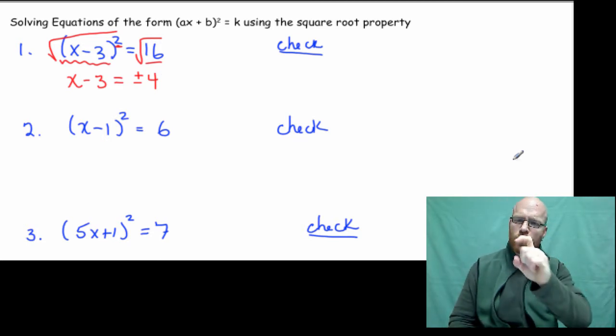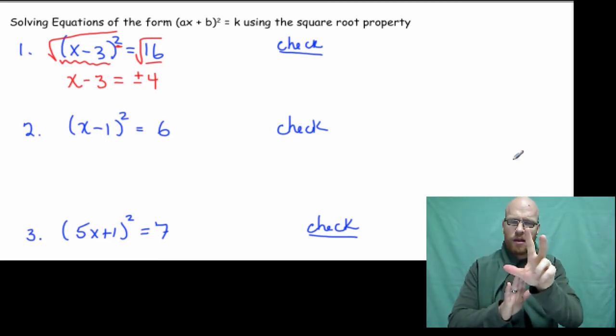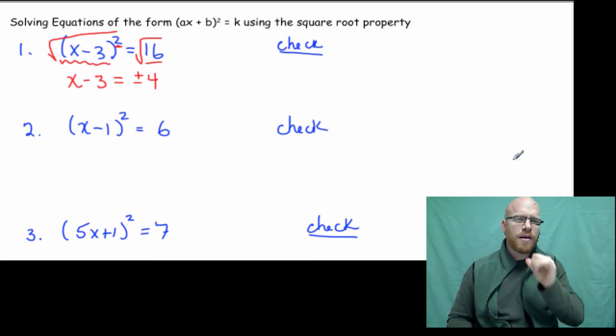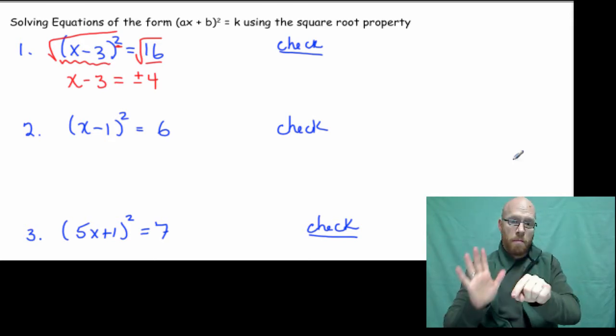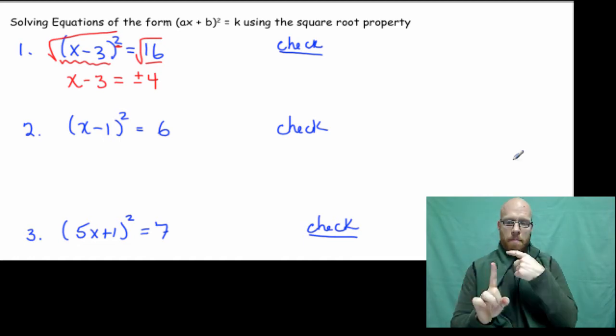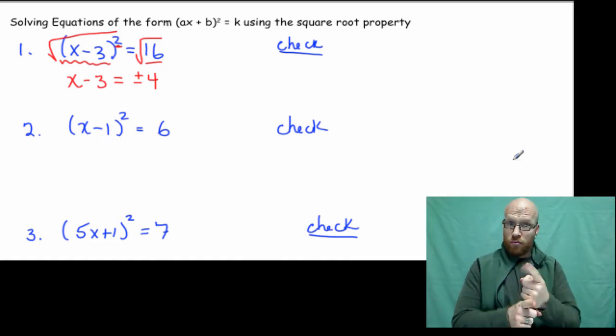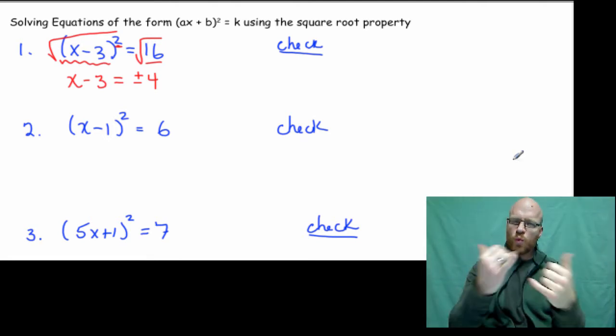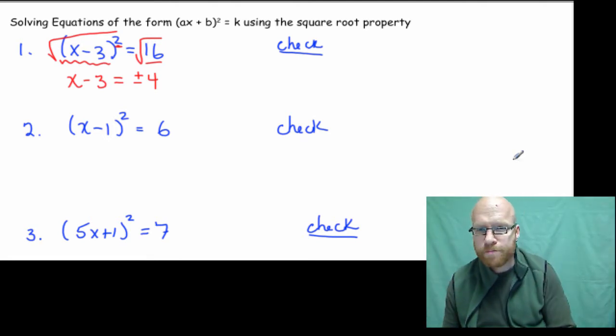Okay, but x minus 3 equals plus 4 and minus 4. That's not quite as simple as we thought it would be. So we have to work with a 3. We're going to add 3 to both sides. But how are we going to do that? It's easier to split this into two equations.